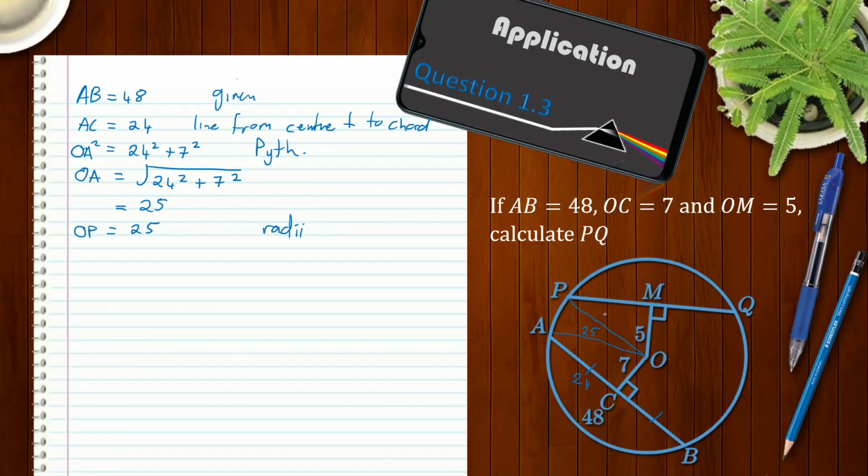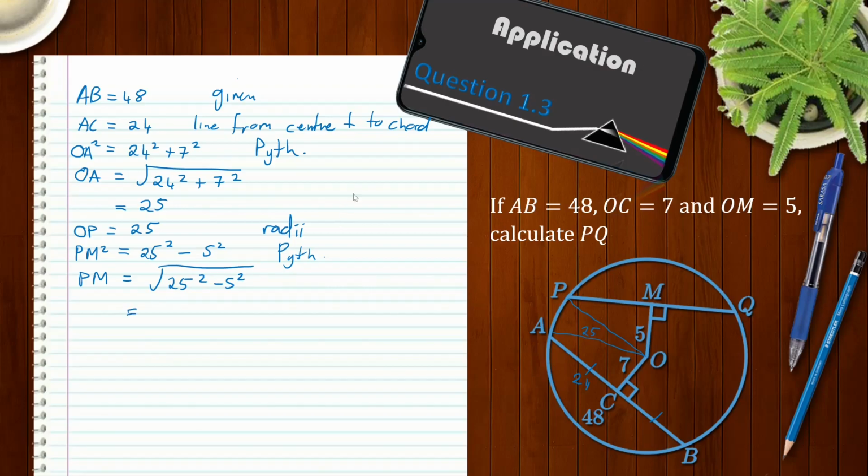Okay, 25, 25. Then PM, using the Pythagoras theorem, we've got PM squared. Now, PM is not the hypotenuse, so we've got OP, which is the hypotenuse. So that's 25 squared minus the other shorter side, which is 5 squared. Okay, and then to solve for PM, PM is the square root of 25 squared minus 5 squared.